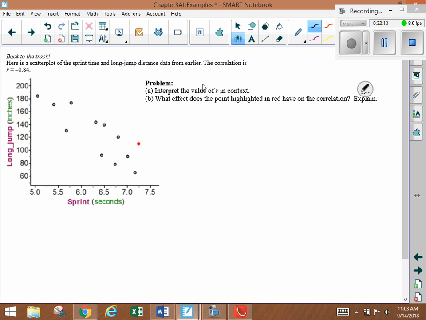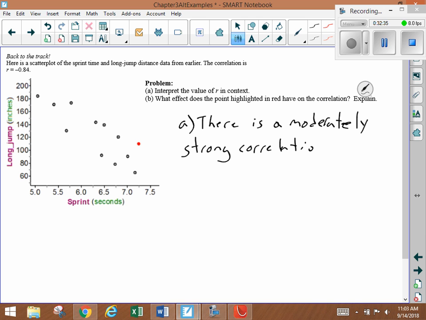So based on that value, we can say that there is a moderately strong negative correlation between sprint time and long jump distance.